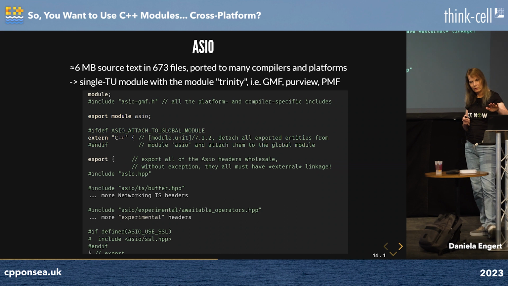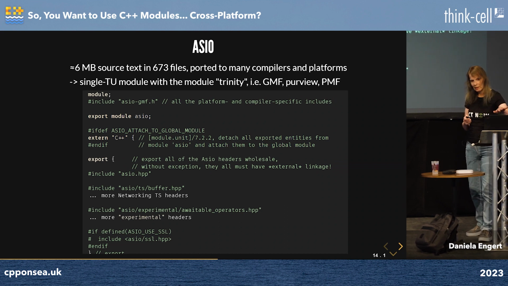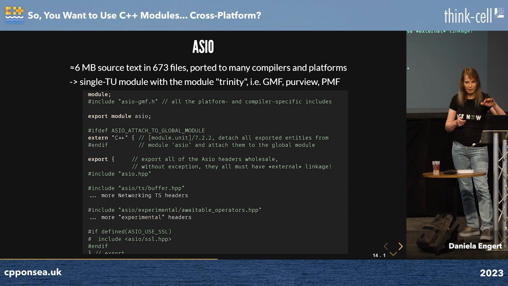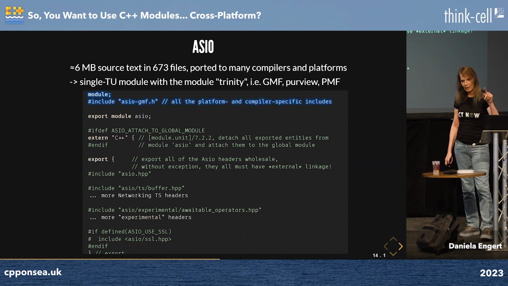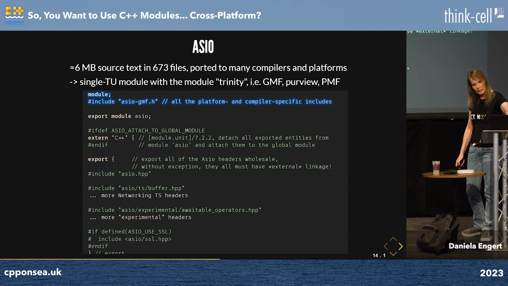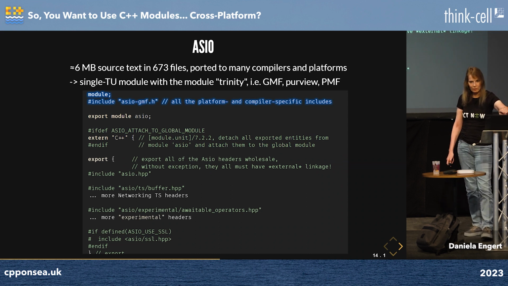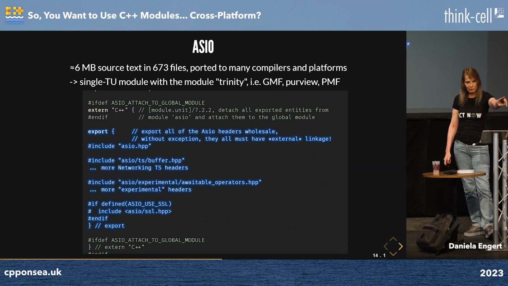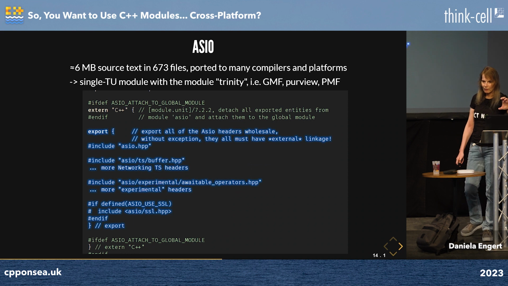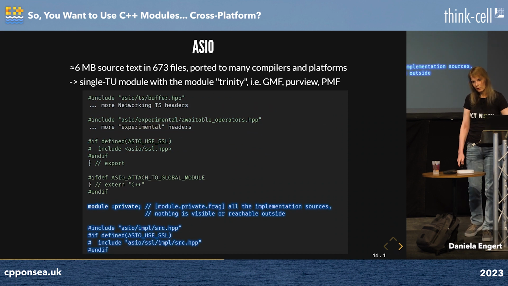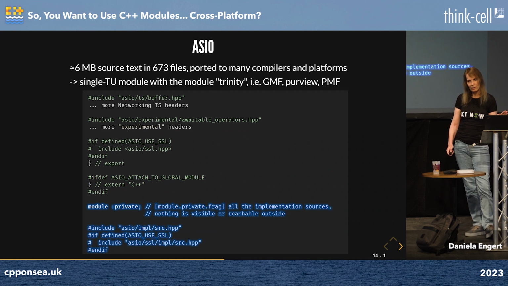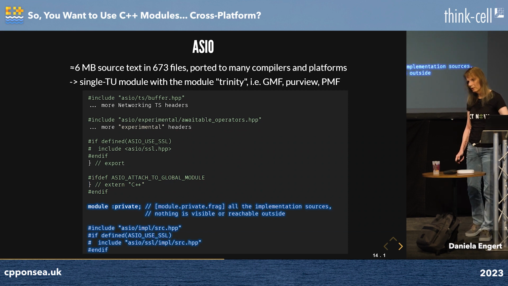I use ASIO. I will not go into that. This is way too much, but it's in the slides and also in the code that you can find on GitHub here. It has a technique in here that can be used to modularize existing libraries in a much more powerful way than just changing the sources like we did before. You have a proper global module fragment, you have the exports in the module purview just by including all of your interface headers, and you put all the implementation translation units of your existing library into the private module fragment.